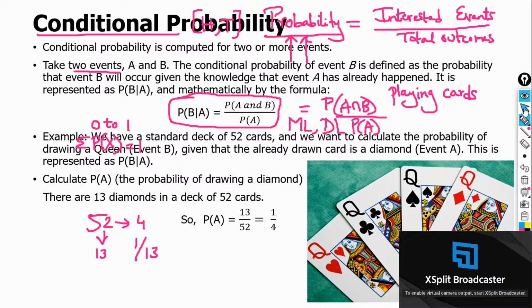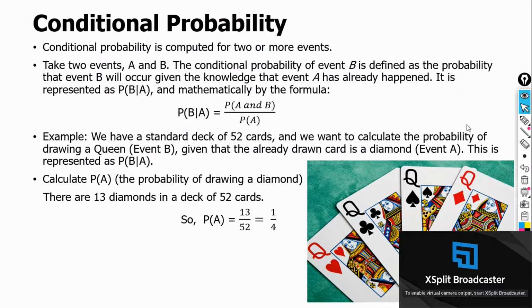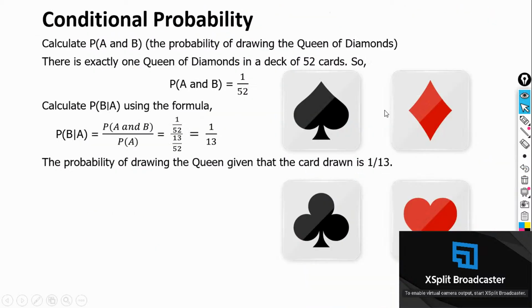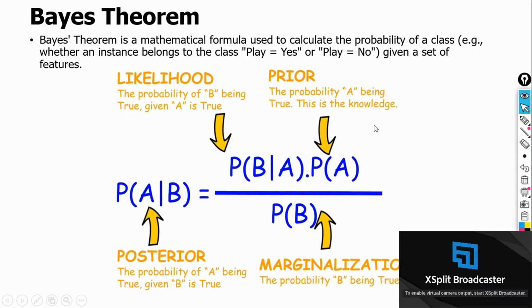So today we'll take our discussion a bit further and understand what is Bayes' theorem. Bayes' theorem's formula was derived from conditional probability. That is the reason we understood the concept of probability, then conditional probability.